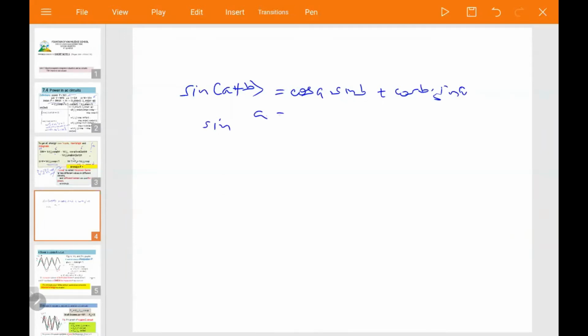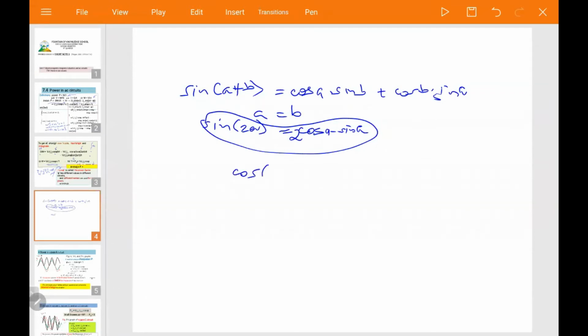So when a equals b, you have sine of 2a, so you'll be left with cos a sine a. It comes twice, so we have a factor 2. That's one thing. The other one is cos of minus a is equal to simply cos a.